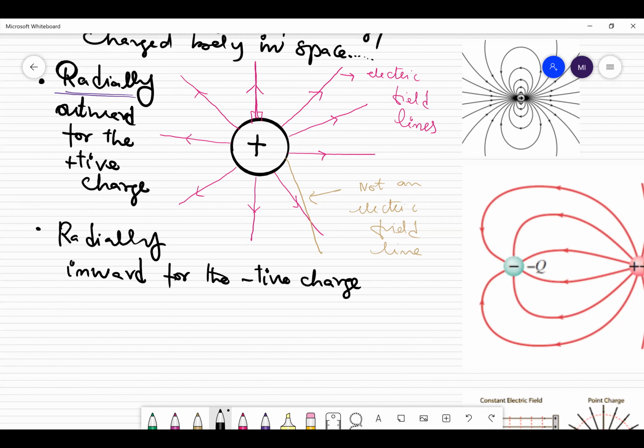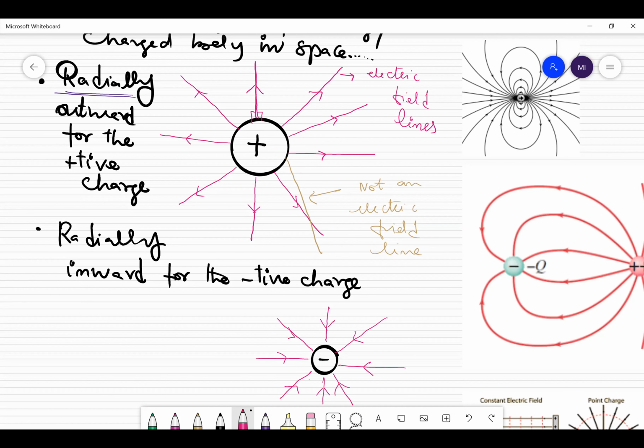So if you want to indicate the field for a negatively charged particle, these lines will again be drawn radially, but this time inward, as you see. So these are the lines drawn radially inward for the negative charge.